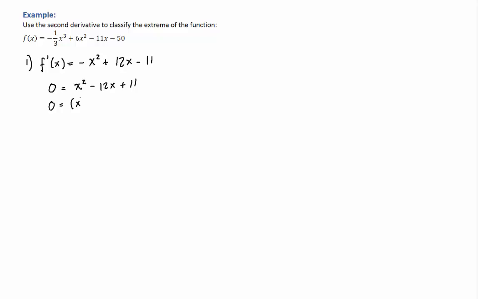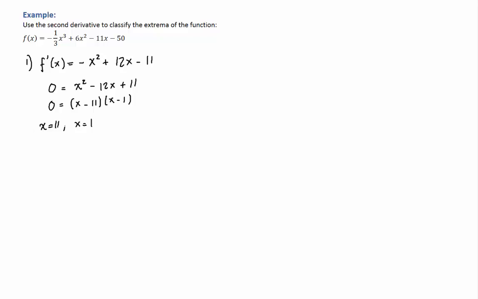Okay, so we factor and we get (x minus 11) times (x minus 1). When you multiply negative 11 and negative 1, you get positive 11. And when you add negative 11 and negative 1, you get negative 12. So that is your factorization. And this expression on the right hand side is equal to 0 only when each individual factor is equal to 0. That would be whenever x is equal to 11 or whenever x is equal to 1.